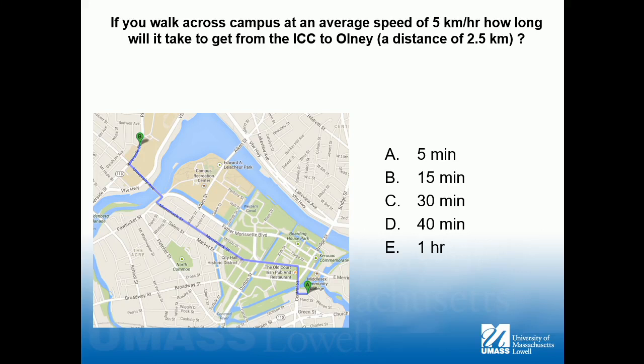You're told that the distance is approximately 2.5 kilometers, and your average speed is 5 kilometers per hour. I'm asking you a relatively straightforward question. How long would it take you to walk that distance with that average speed?